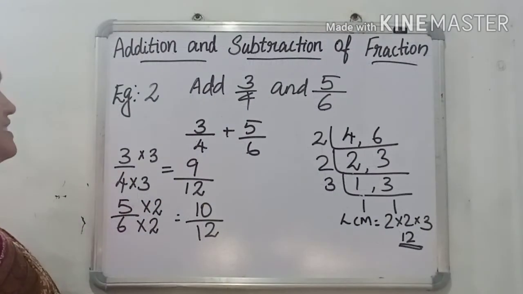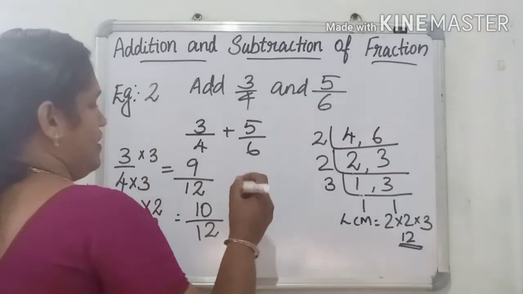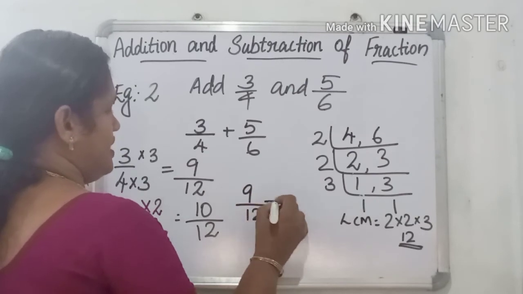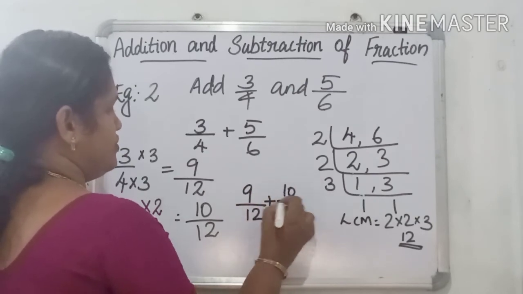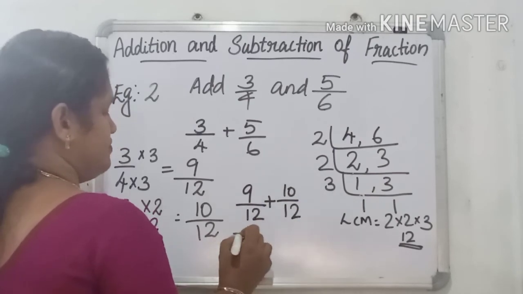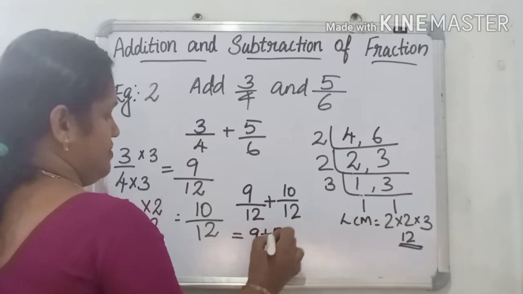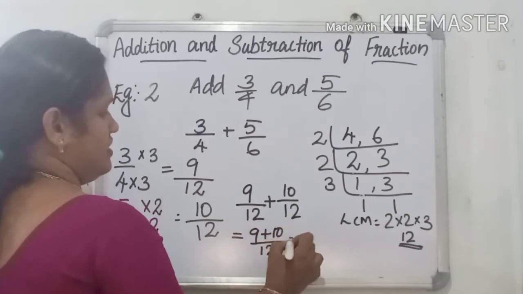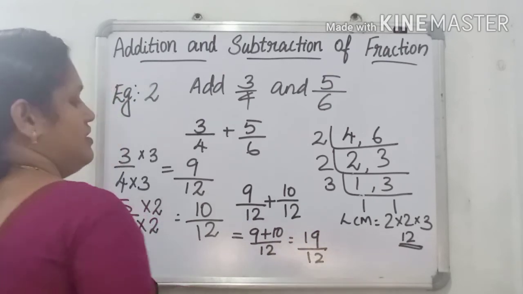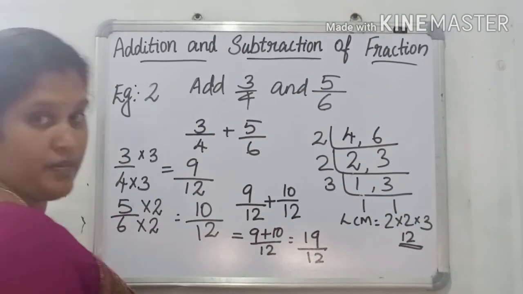Now the fractions are like fractions. We can add easily. 9 by 12 plus 10 by 12, which is equals 9 plus 10 by 12. 19 by 12. 19 by 12 is an improper fraction.